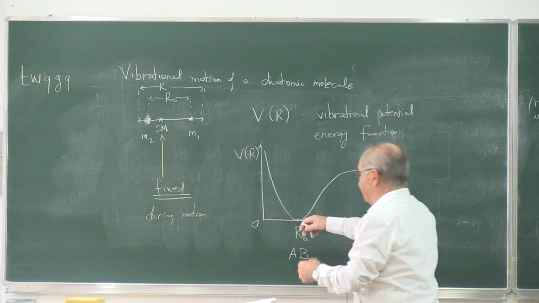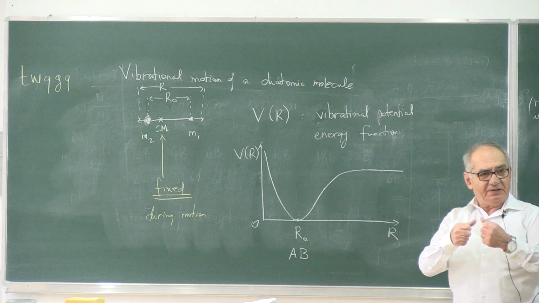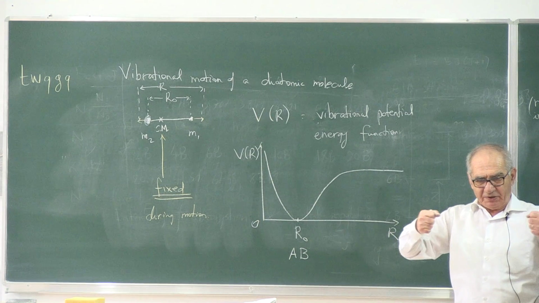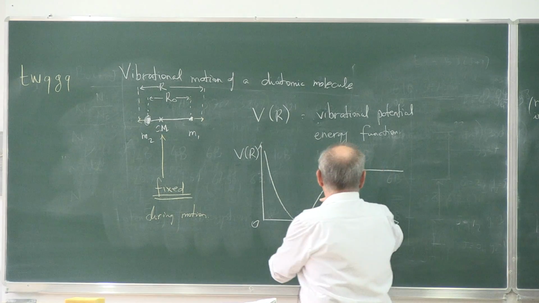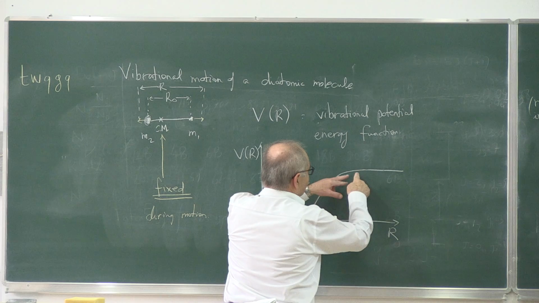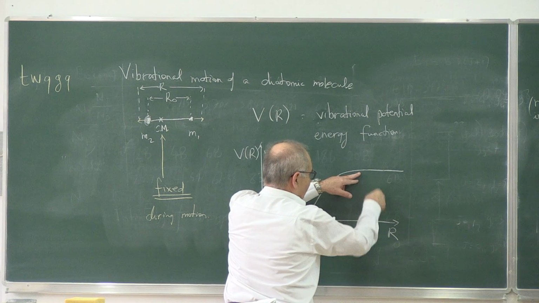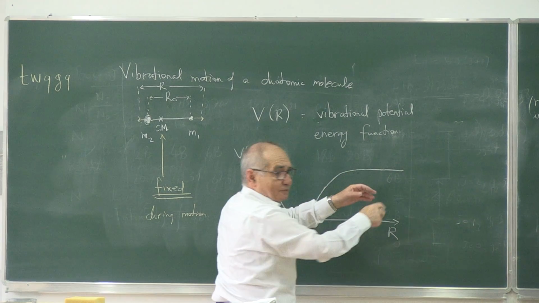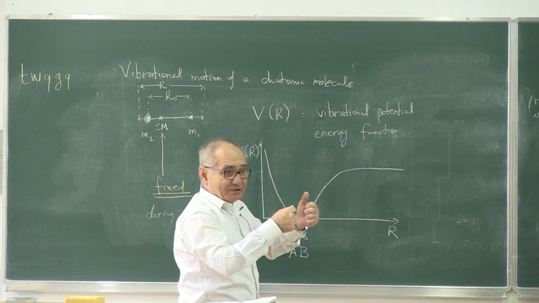And as R gets longer and longer, which means as we stretch the two atoms away from each other more and more, then energy is increasing. But at some value for R, the total energy of the molecule AB becomes constant.